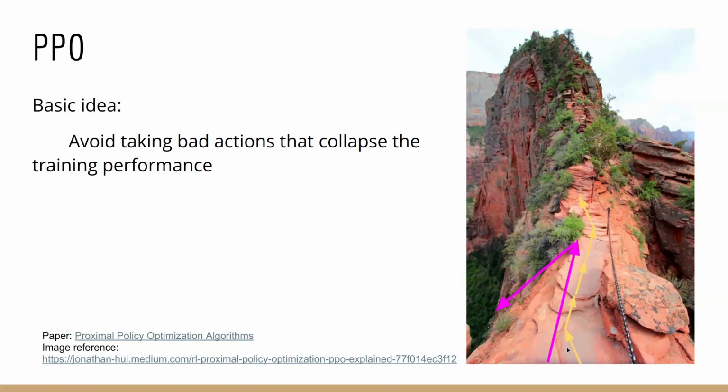So as we can see in this picture, assuming that we are climbing a hill, this is basically the process of gradient ascent. So what we want is to gradually find our way to the global maxima where we maximize our reward.